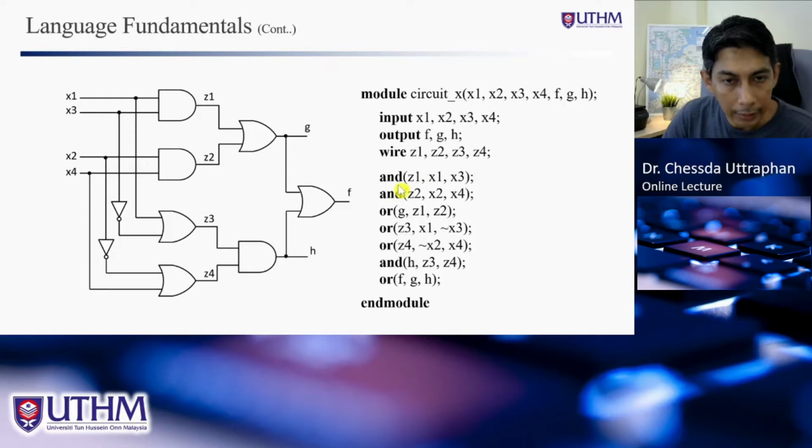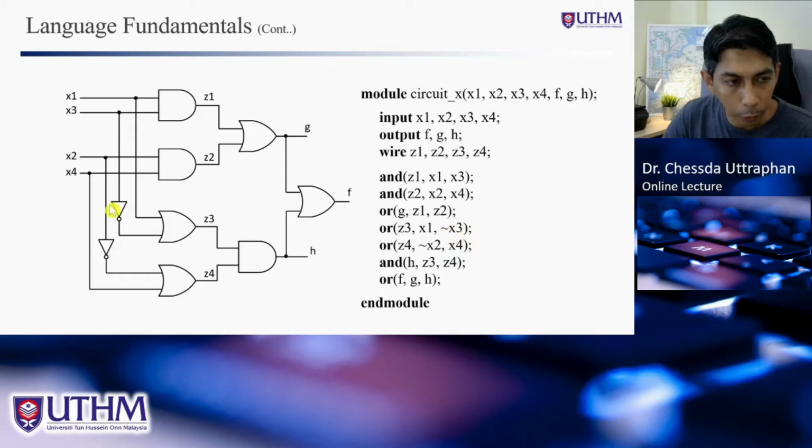We can see that this is for this gate, Z1 with X1, X3, and this one is for this gate, Z2 with X2, X4. This one is for X1, and this is new.